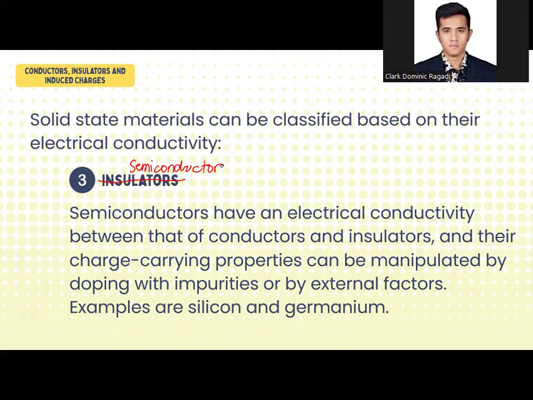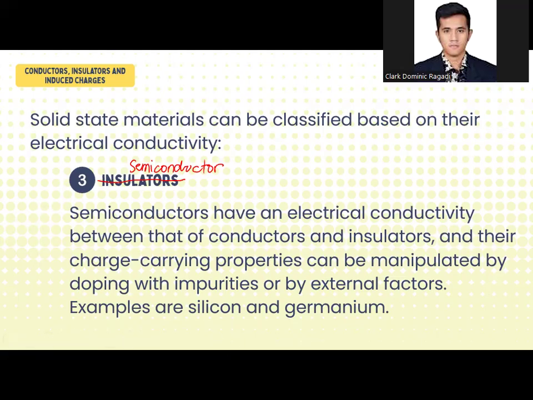These transistors can be found all over our computers, specifically in the motherboard or the CPU. The CPU, or the core of our computer, is made up of millions of transistors made out of semiconductor.